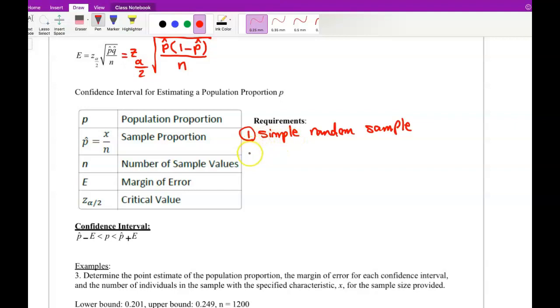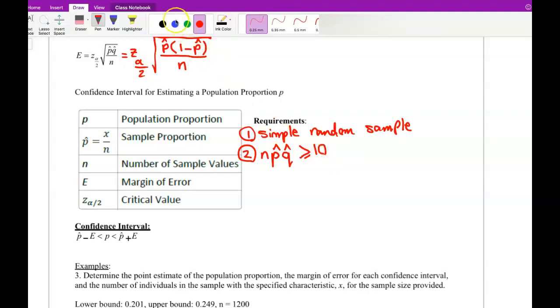So we should have all these. And the first one is having a simple random sample. In second one, here sample size times sample proportion times, so p hat times q hat, this should be greater than or equal to 10.